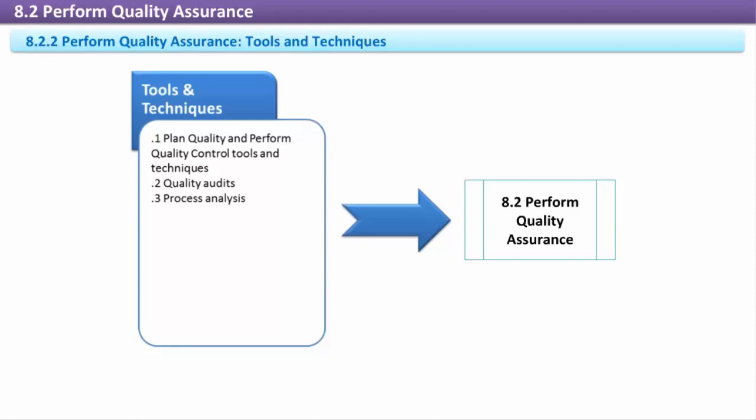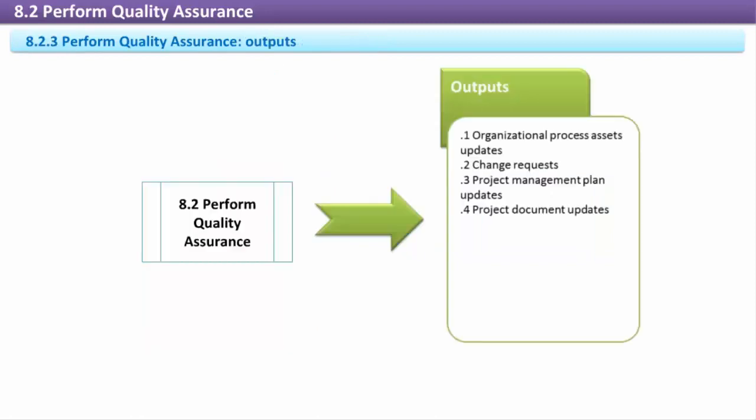Process analysis. Process analysis is a generalized tool categorization that involves techniques which examine the project's processes, looking for any non-value-added activities and inefficiencies. Process analysis techniques implement the continuous improvement plan. Perform Quality Assurance: Outputs.